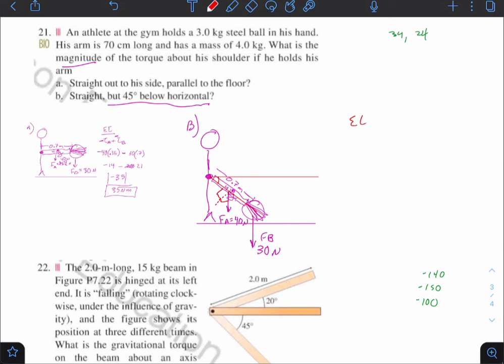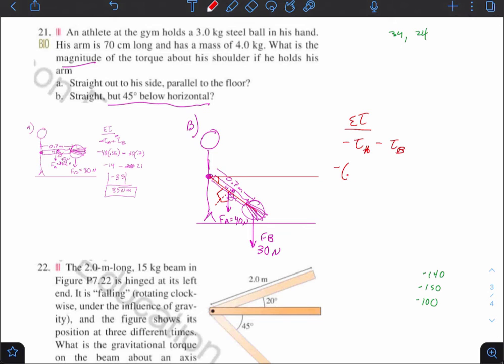So let's get to work on our net torque. And both of them are still trying to rotate it clockwise, so they are still both going to be negative. So negative torque of the arm minus torque of the ball, which is negative RF sine theta for each. The radial arm is not going to change.